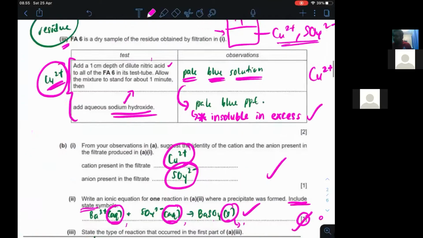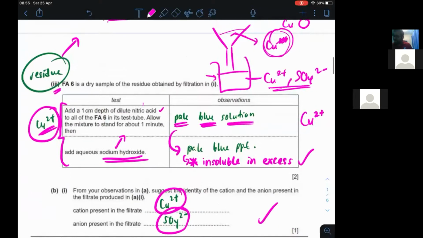So when I get a pale blue solution after this reaction, there is no such thing as an oxidizing agent or something. What happened is I added the dilute acid, which reacted with my residue, the compound that has the copper, and gave me a pale blue solution. It means the residue changed into copper 2 plus.